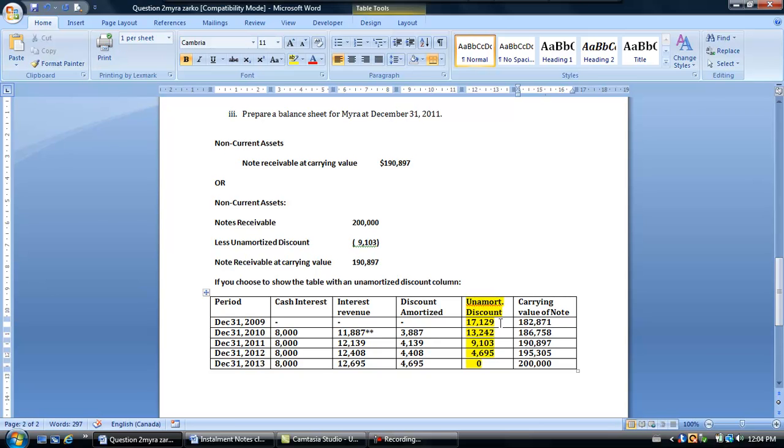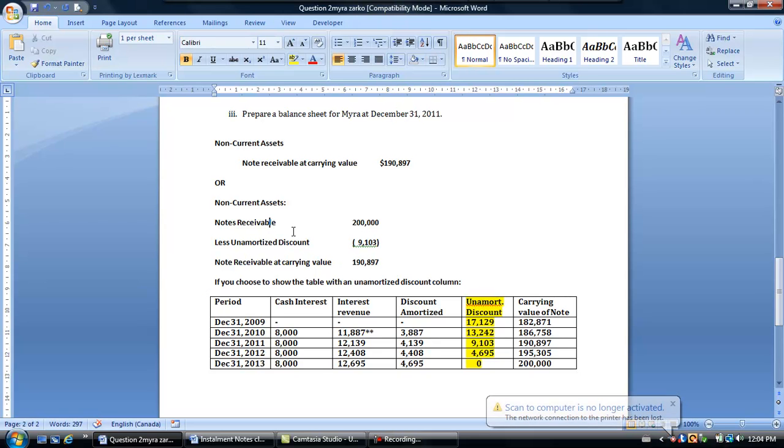The difference is the amount of discount that's unamortized. So in essence, the carrying value of the note plus any unamortized discount is going to give us the note at its face value. So here what we would do is we would show the note at $200,000 less the unamortized discount to show it at its carrying value of $190,897.